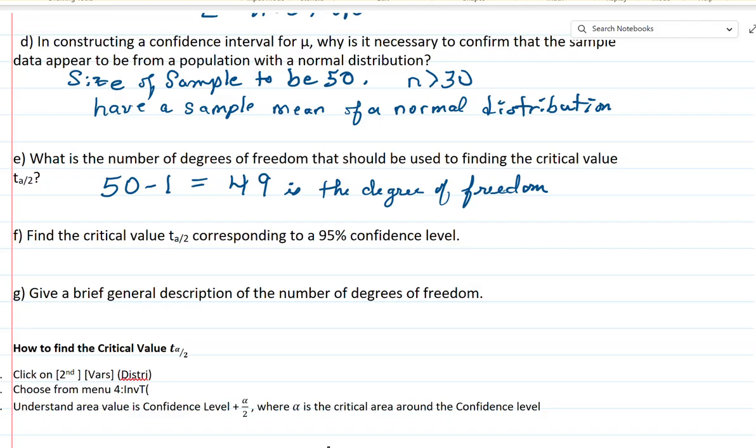Even though we use the calculator, the sample set says you have to have one less than the sample set to give you a play of all the anomalies that could happen from another sample. So now we're looking at finding the critical value of this value. All right. So we're going to use our calculator.